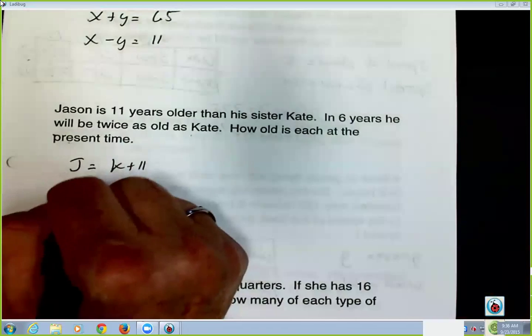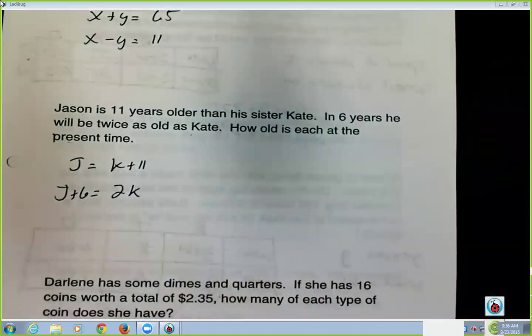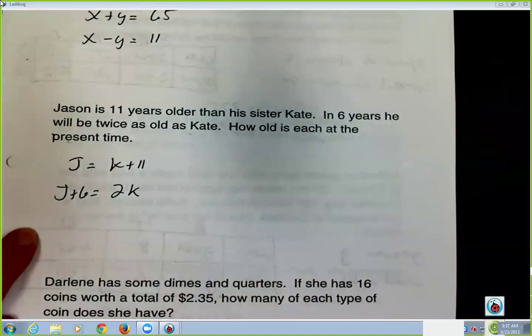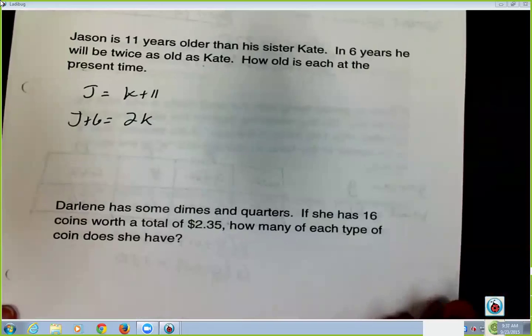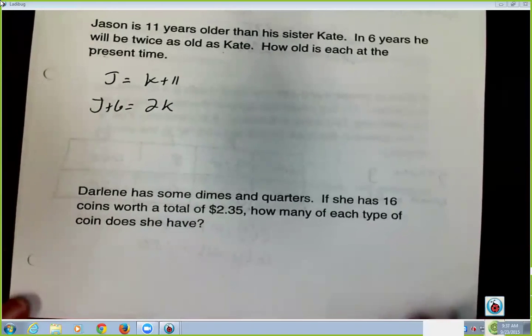So Jason plus 6 is equal to 2 of the K's. And I don't want to put my K plus 11 in there, so I want 2 K's. So that would be your one that you work with this one. And a substitution is probably another good one for that one. And again, I will finish these in your notes, so you'll have the problems worked out if you go back and make a copy of your notes that are posted in Canvas.